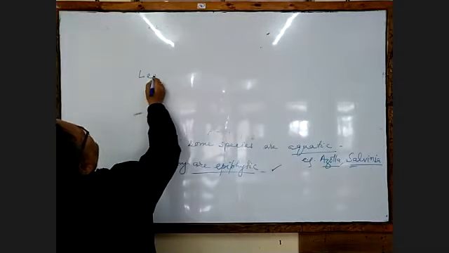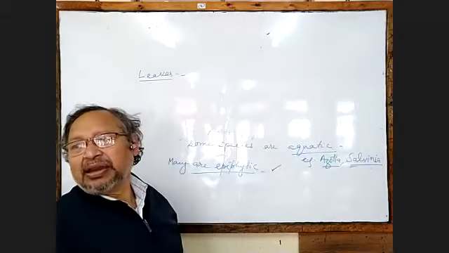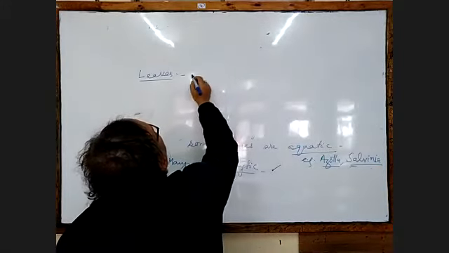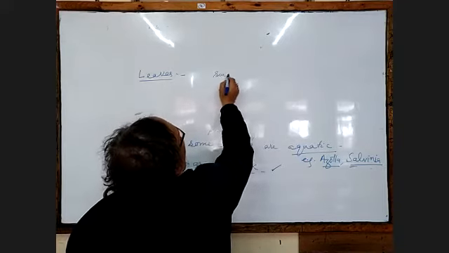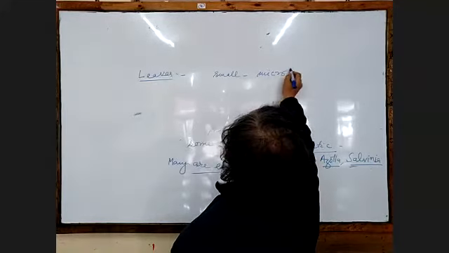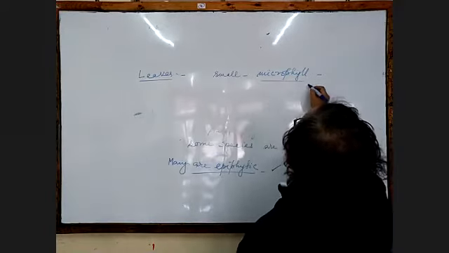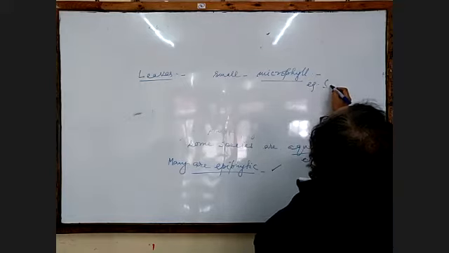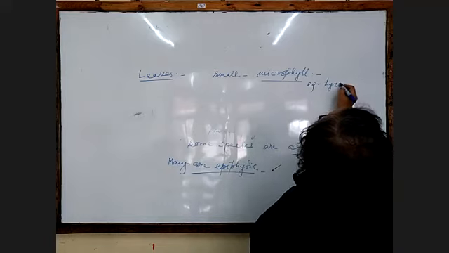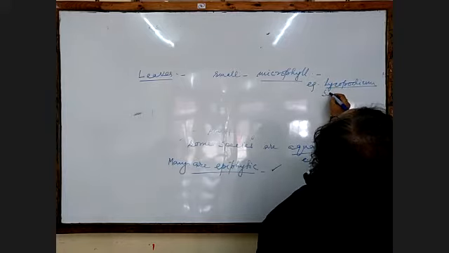If we see the leaves, pteridophytes can be divided into two groups based on their leaves. Leaves may be small, called the microphyll. This type of example we find in case of Lycopodium, Selaginella.